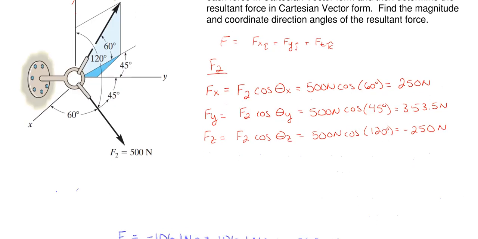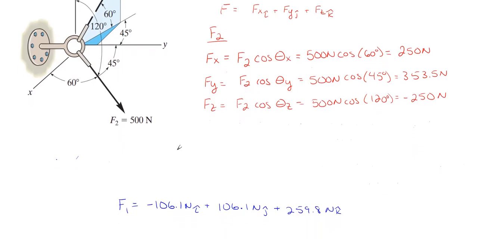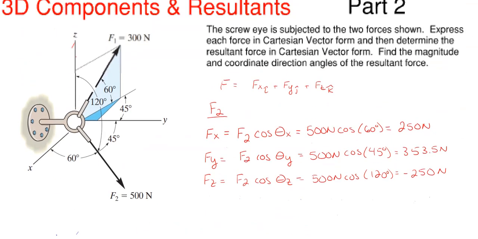So you see how much easier that was when you have all your directional cosines? So expressing F2 in Cartesian vector form, we would have the x, which is 250 newtons i hat, plus the Fy, which is 353.5 newtons j hat, and then minus the z, which is 250 newtons with our k hat here. And that would be how we would express each force in Cartesian vector form.